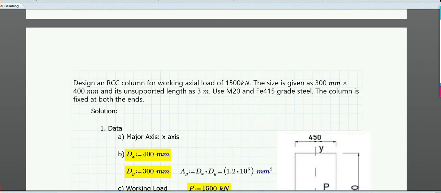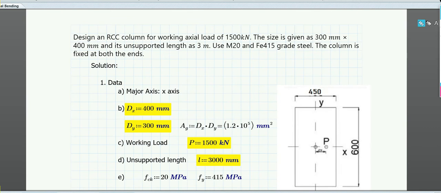Before going to this, we should discuss a particular special publication of the Bureau of Indian Standards, that is SP16. This is basically for designing. It has all the tables and curves for designing beams, columns, slabs, etc. SP16 provides these interaction diagrams, where for different P by FCK BD and MU by FCK BD square values, you can find the percentage of steel required.